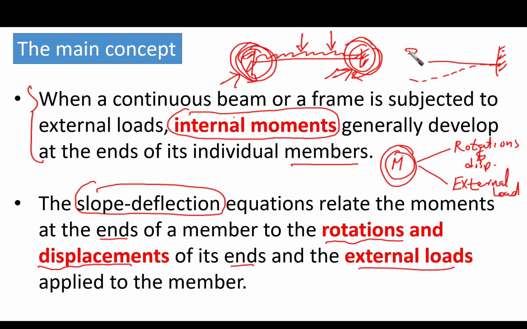But if we have a continuous beam, something like this, there is some rotation going to take place, and there is a slope for the elastic line before and after our support. So the slope deflection method is going to relate the moment with the rotation and displacement on one side, and the external loading on the other side, these loadings that are being applied. So that's the main idea.